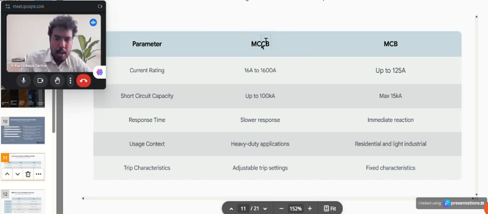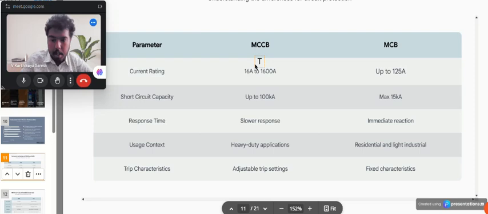Here is the difference between MCCBs and MCBs. MCCB's current carrying capacity is from 16 amperes to 1600 amperes, and MCBs are only up to 125 amperes.